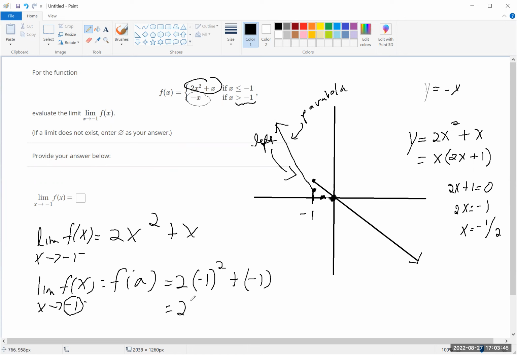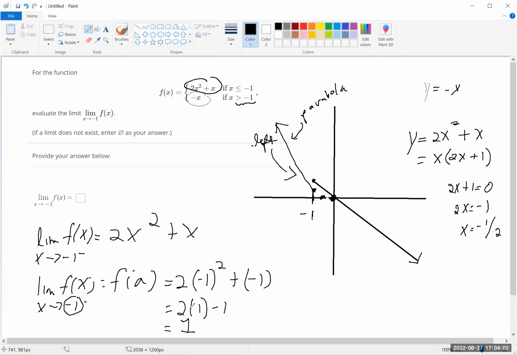So this is 2 times 1 minus 1, which is 1, if I did that right.